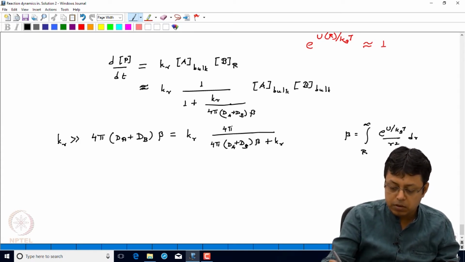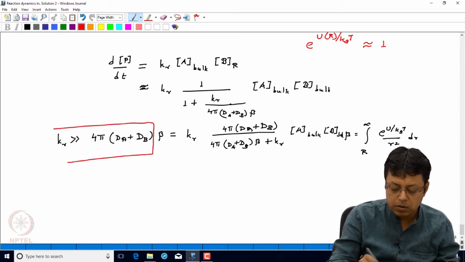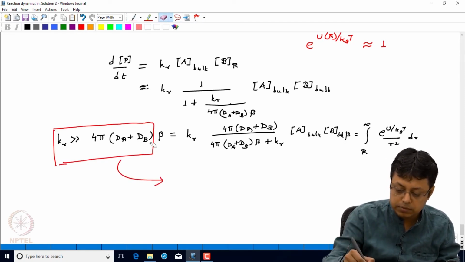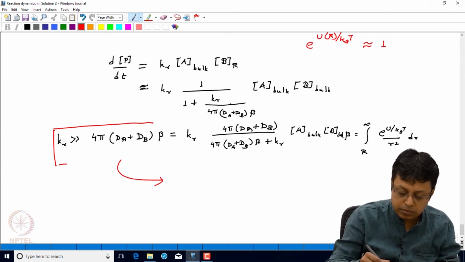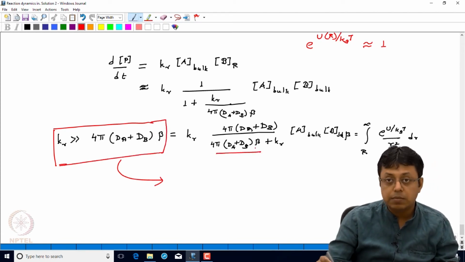So I am moving dA plus dB into the numerator, and then I have A bulk into B bulk. Using this condition, we can now write, including beta, that this term is much smaller than this Kr term, so you can ignore it.